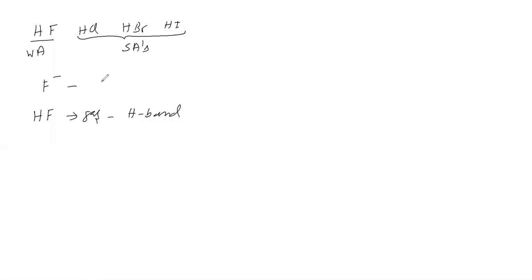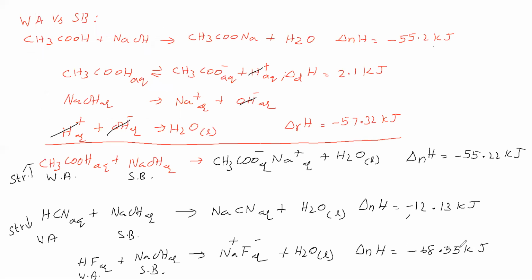F minus goes for a very high extent of hydration. Hydration is exothermic, so energy is liberated. Since F minus undergoes very strong hydration, a higher amount of energy is liberated, therefore the enthalpy of neutralization is very high.